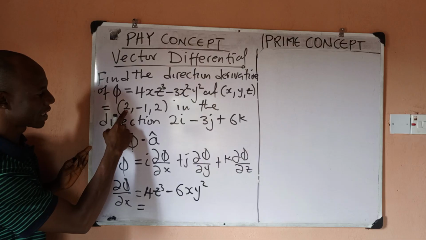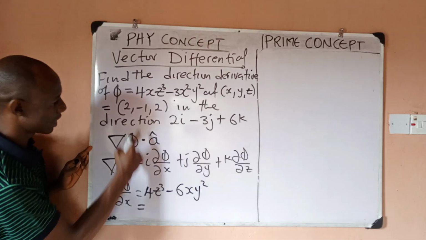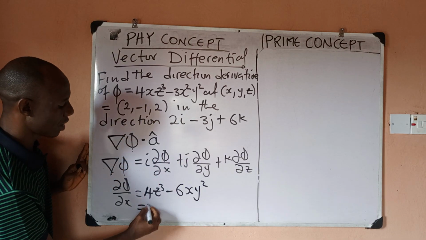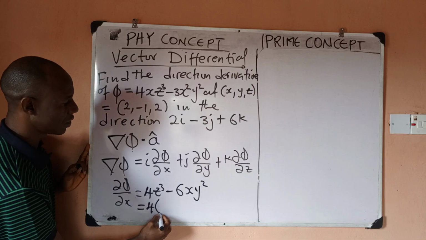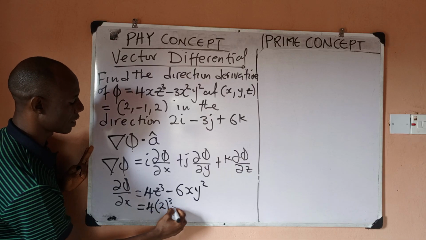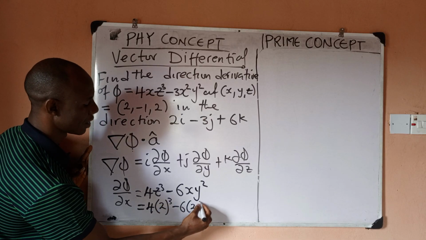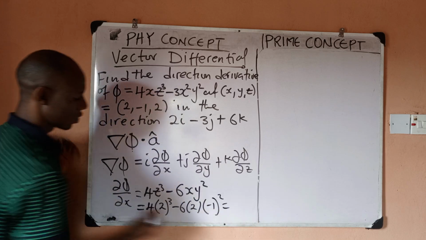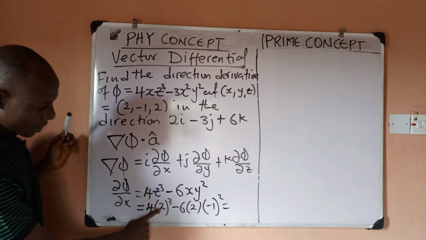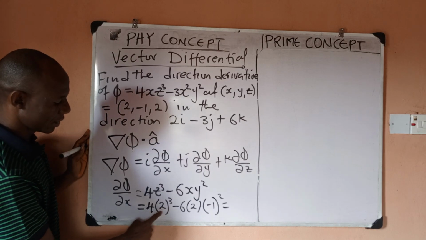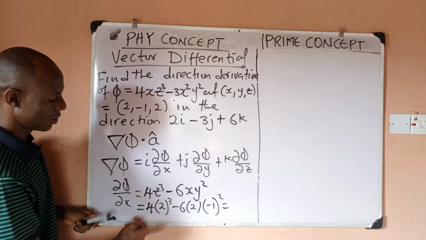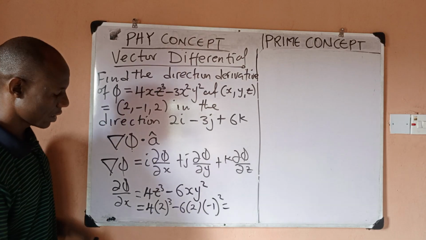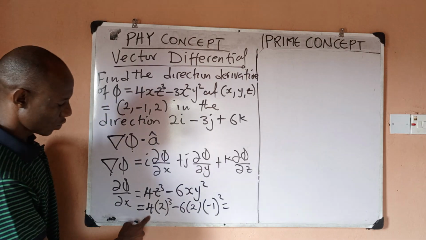Very quickly, I'm going to substitute this point. Wherever I see x, I'll put 2. Wherever I see y, this, and z, this. So I have 4 into z, which is 2 raised to power 3, minus 6 into x, 2, then y minus 1 squared. Solving this, 2 to power 3 is 8 times this is 24.